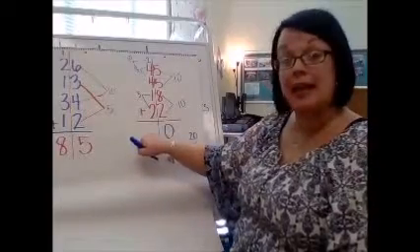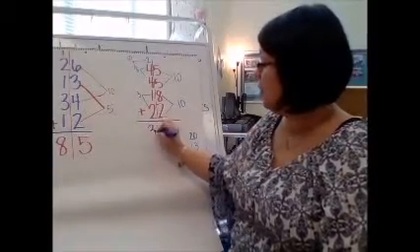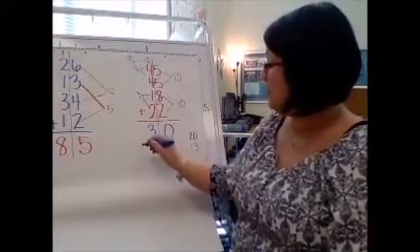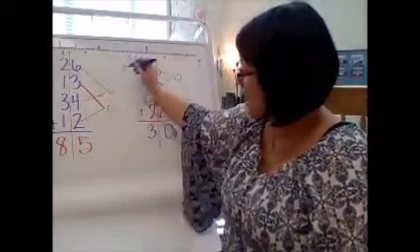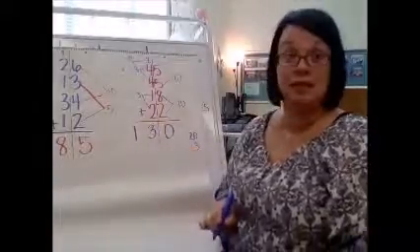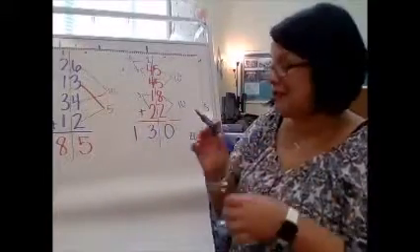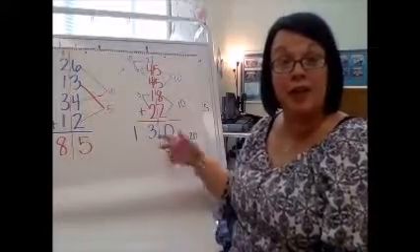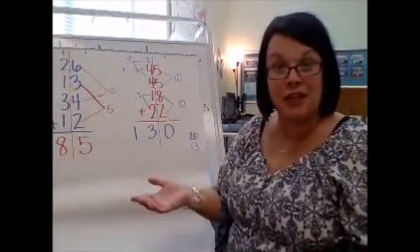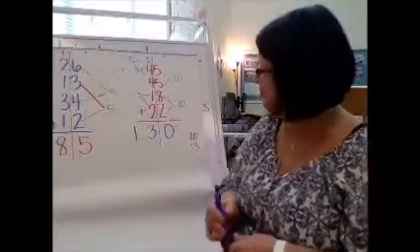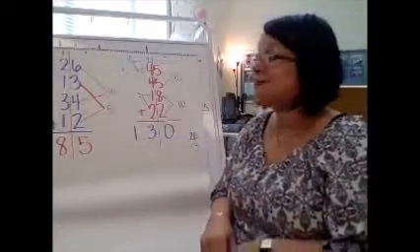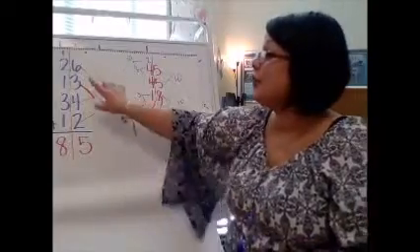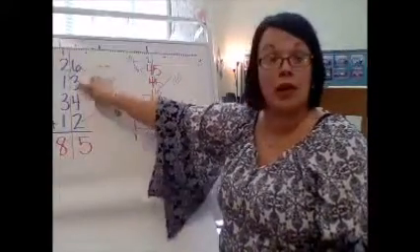I need to write here the number 3 because that's 13 tens. So I'm going to leave my 3 tens there, and my extra 10 tens or 100 are going to go here. So my number is 130. I'm wondering if you got the number 130 as well.